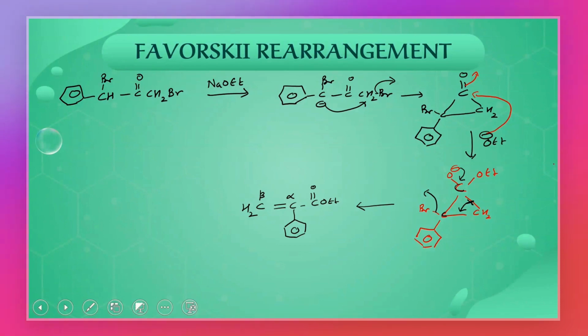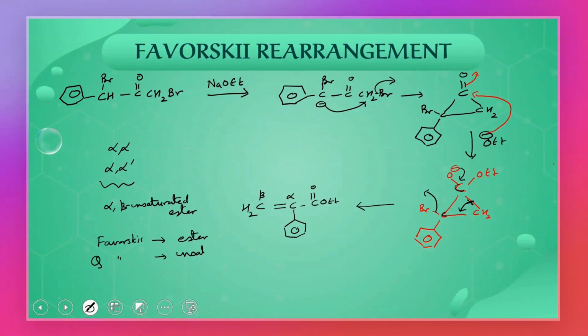So whether I start with alpha alpha dihalo or alpha alpha prime dihalo, I get alpha beta unsaturated ester. So in Favorskii, we got ester, but in Quasi-Favorskii, we are getting unsaturated ester. So this is the difference between Favorskii and Quasi-Favorskii rearrangement.